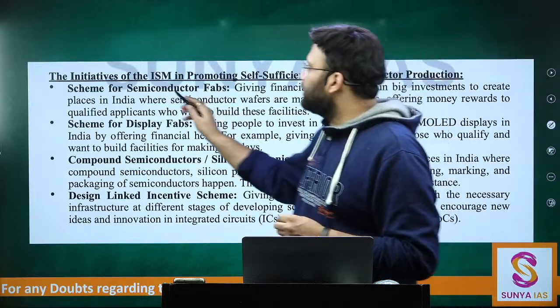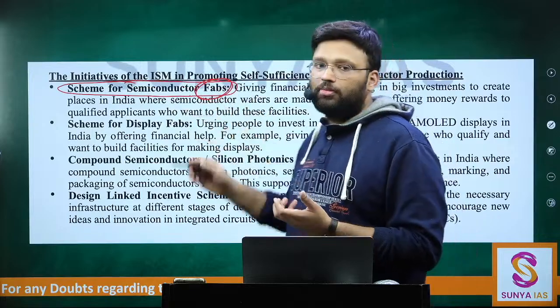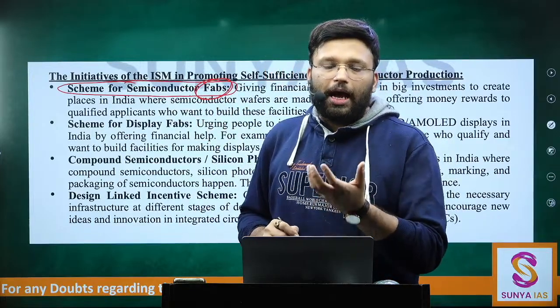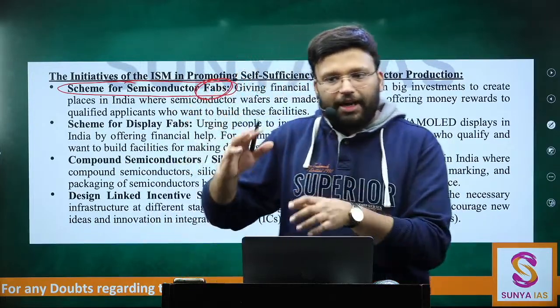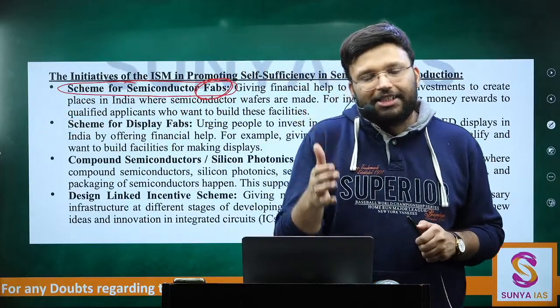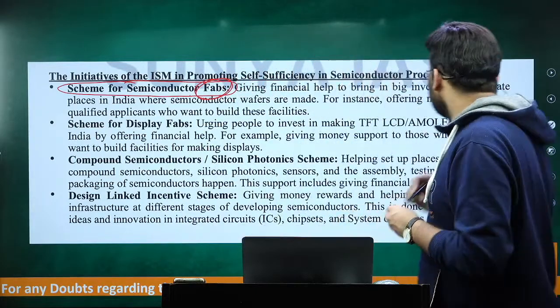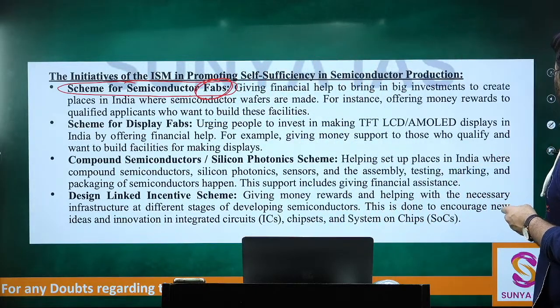So the first is the scheme for semiconductor fabs. What are fabs? That's why I have shared with you the production cycle of semiconductors. At the second stage, which is the manufacturing stage, we all know that we need silicon, on which you can print the semiconductor designs, the circuit chips.